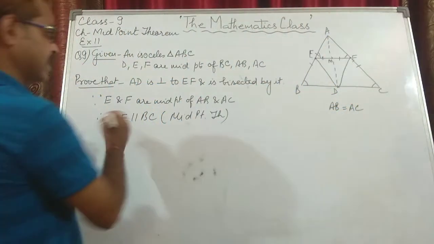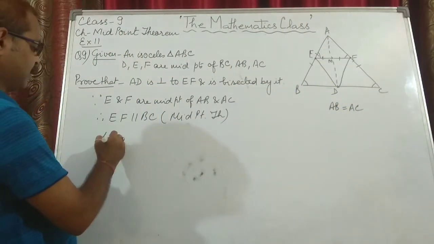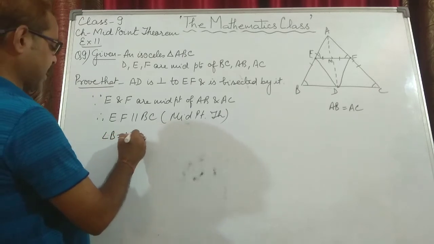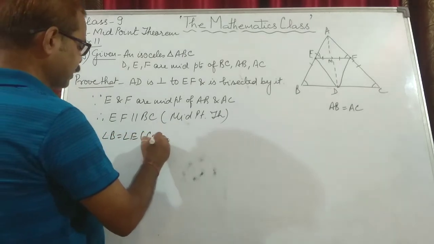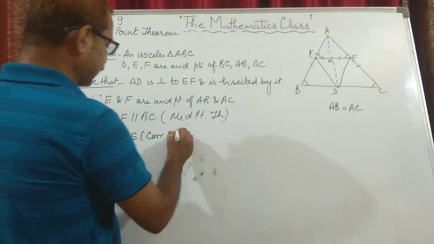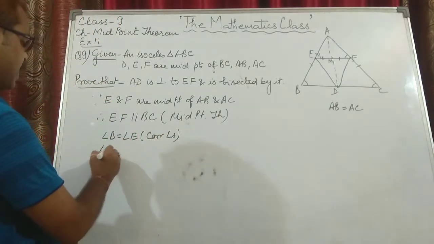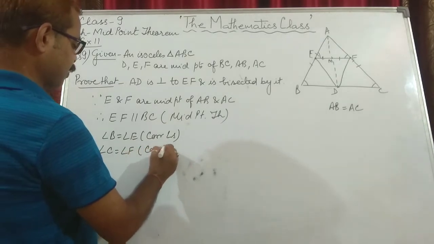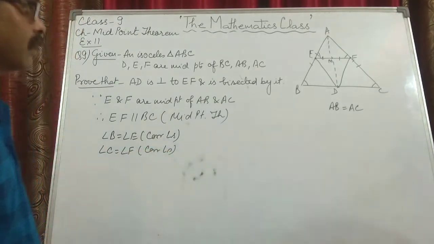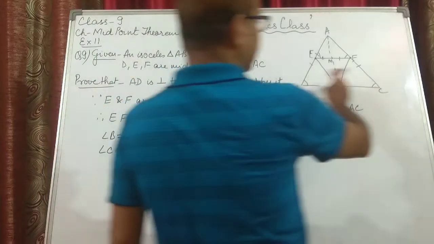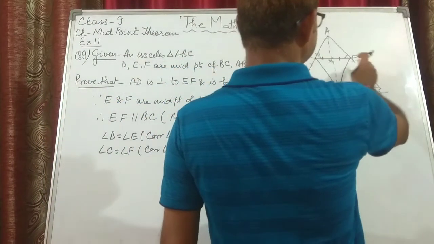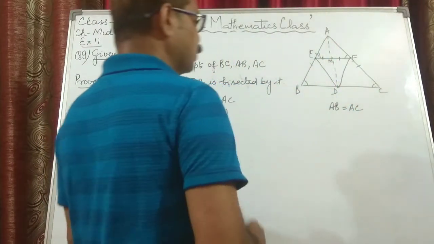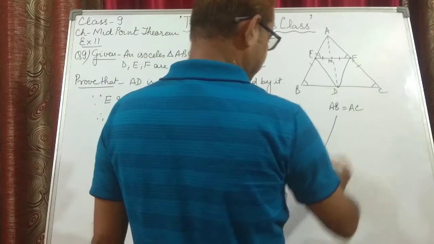Angle B is equal to angle E because they are corresponding angles, and angle C is equal to angle F, again corresponding angles. Now when these two are corresponding angles, these sides are equal. So one thing we can take, I am drawing a separate diagram.